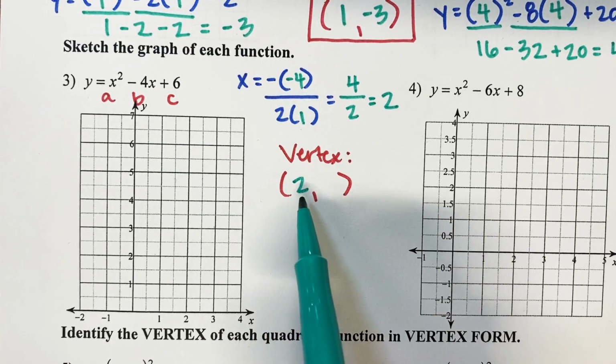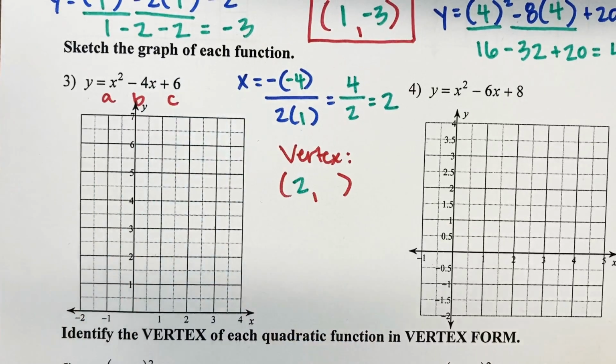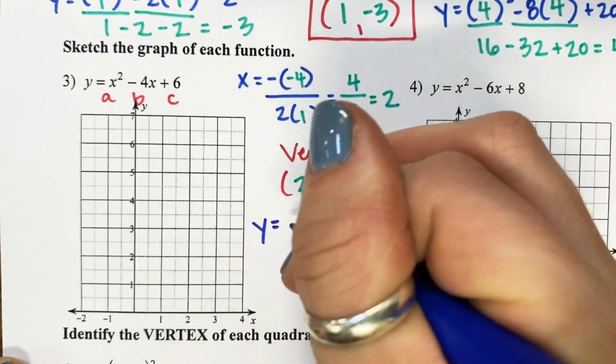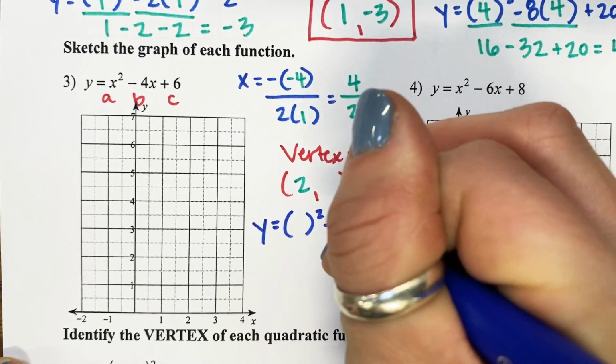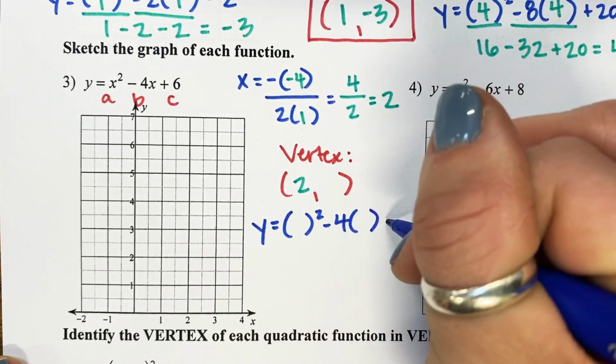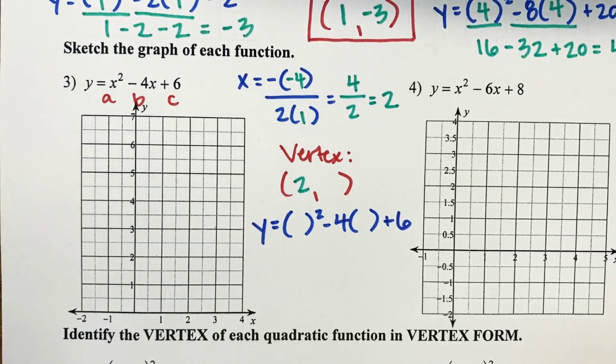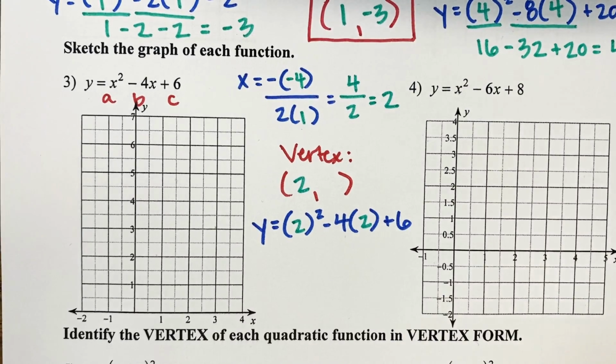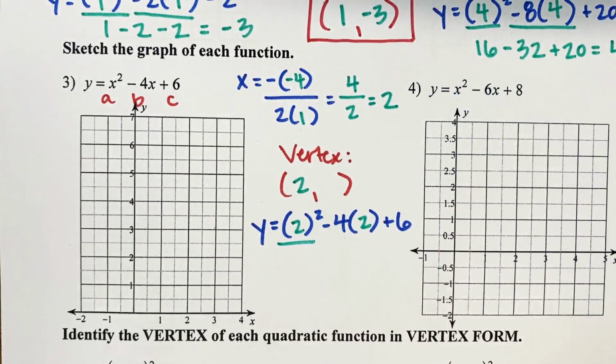Okay, now I'm going to plug that 2 in everywhere I see an X in my function to find Y. So I have Y equals X squared minus 4 times X plus 6. Okay, well, we found X to be 2, so 2 and 2. So now we can solve.